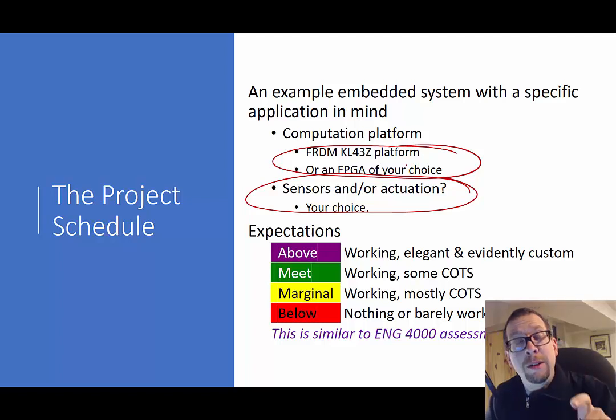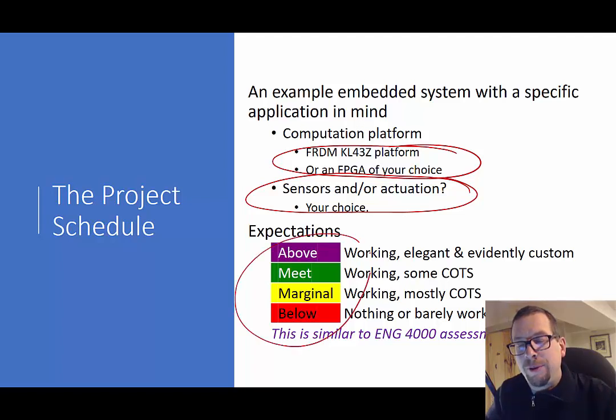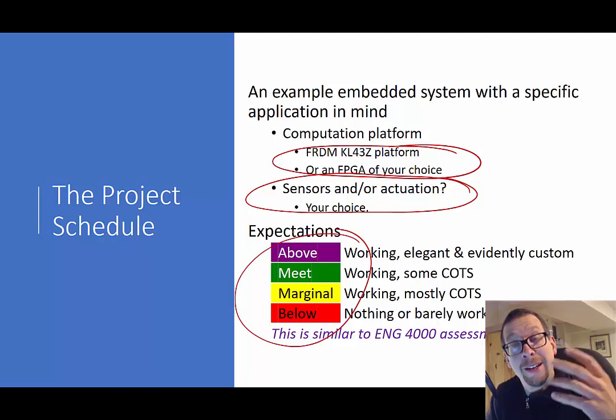We're going to run these projects in a similar way to how the capstone projects are done as well. And we're going to have different levels of expectations, basically broken up into 4 different levels of below, marginal, meeting, and above or exceeding expectations.